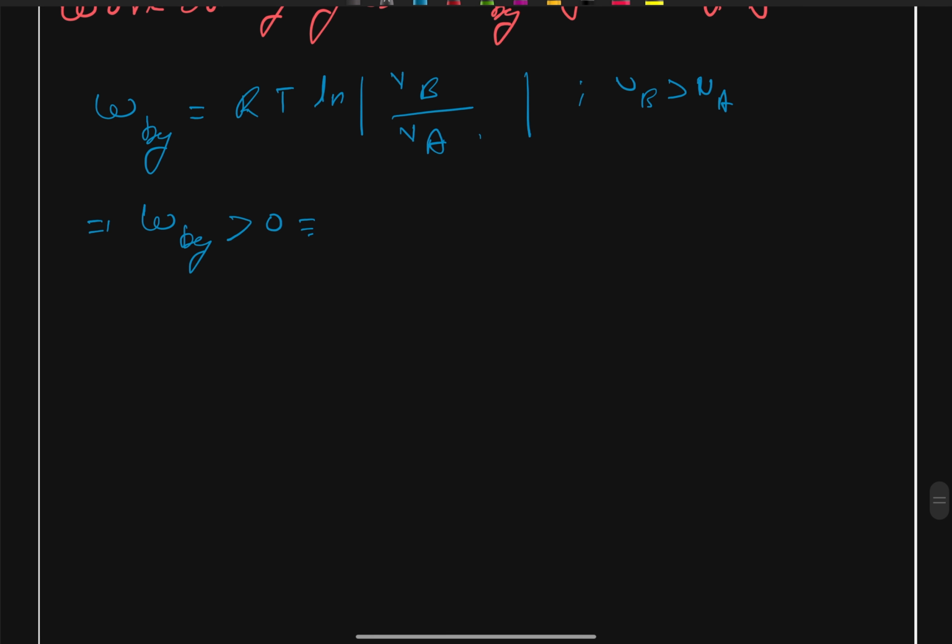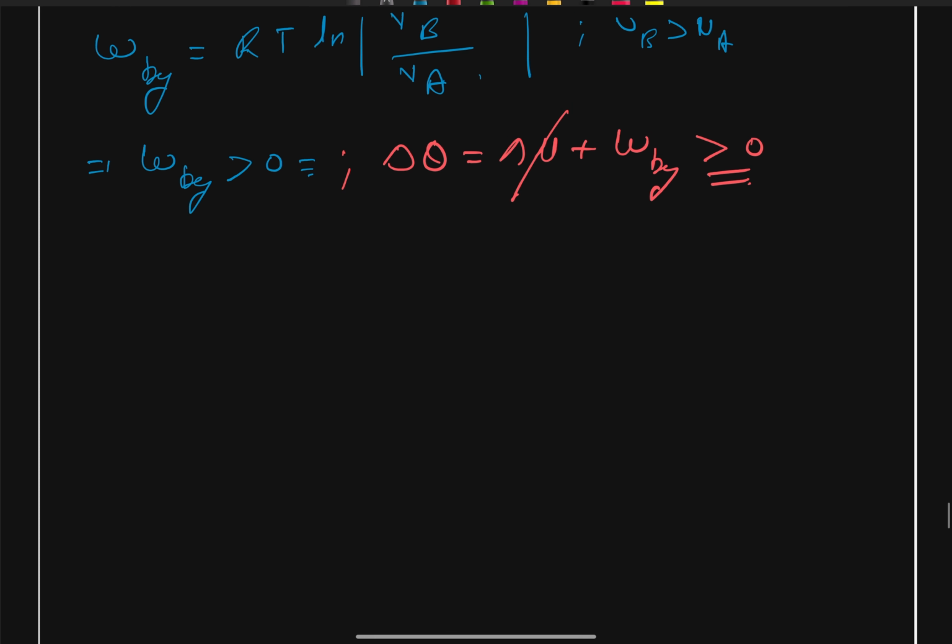Now we can use the first law of thermodynamics, that is delta Q is equal to delta U plus work done by the gas. Delta U is 0 and work done by the gas is positive, so this is also greater than 0. Thus we can draw a conclusion that the gas absorbs heat.